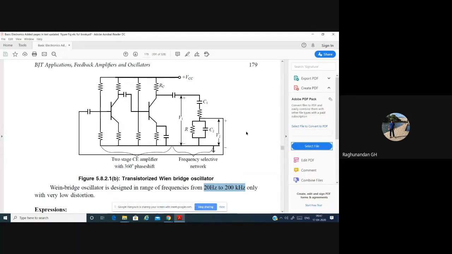Why the distortion is less here is because we don't have too many identical resistances and capacitors used here, as was used in the previous circuit. Such type of connections we don't have here. So obviously there will be lower distortion, and the range is 20 hertz to 200 kilohertz.